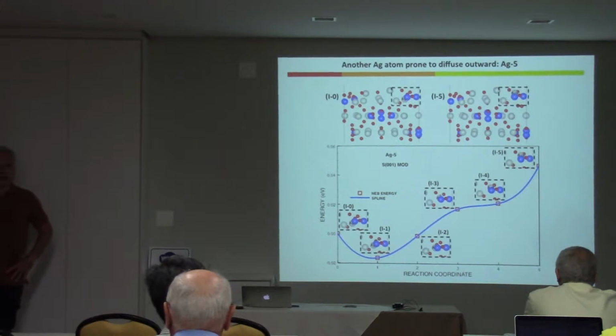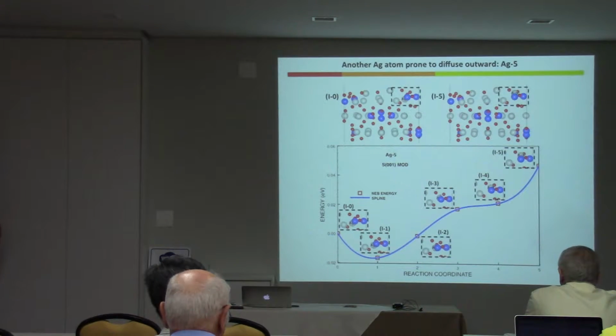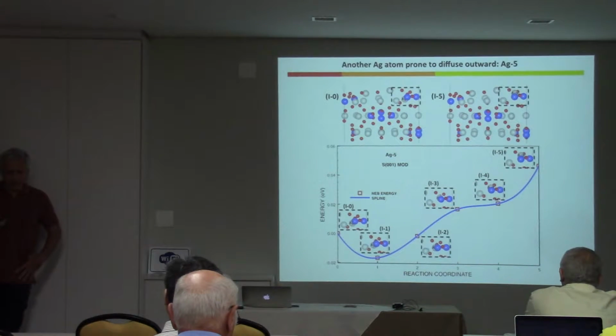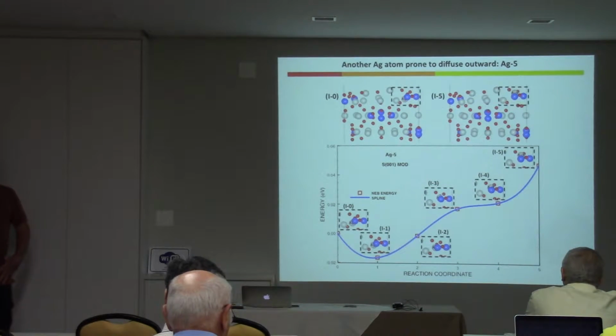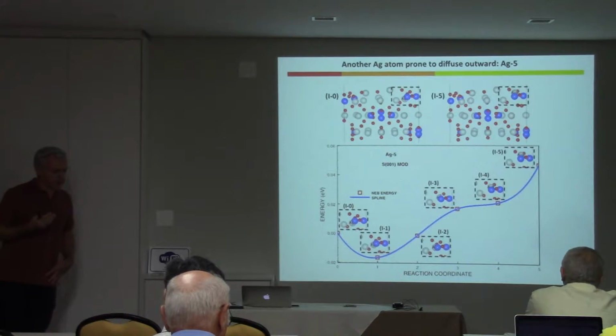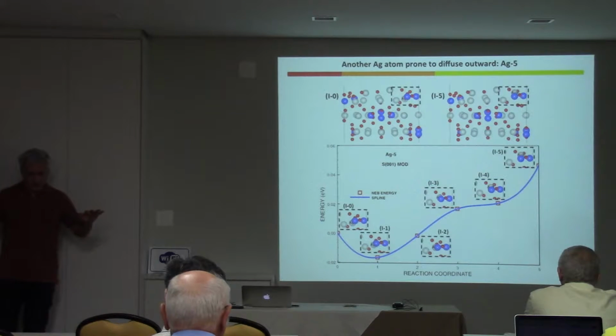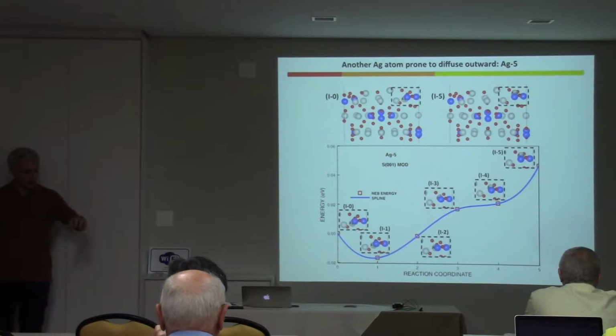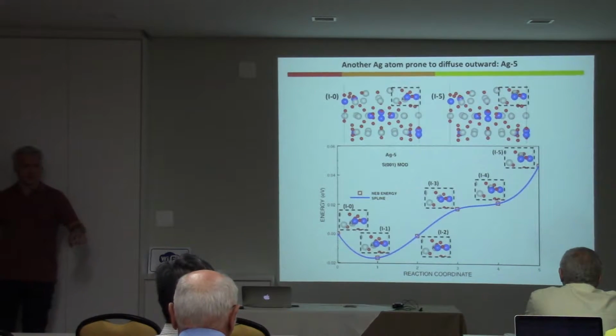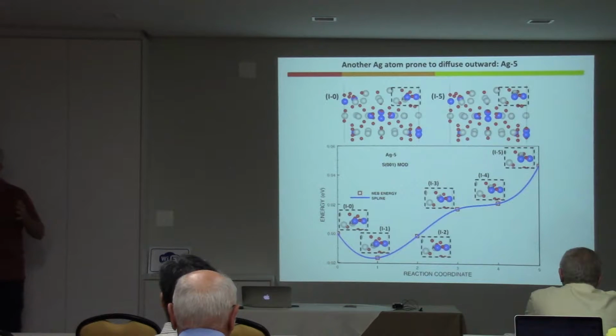Even for this situation, the energy barrier is lower than 0.06 electron volt, which is quite low. And we find this minimum again. This can be related to another experimental aspect: in this system, sometimes the nanostructure that grows can get back. It's not always the same process.